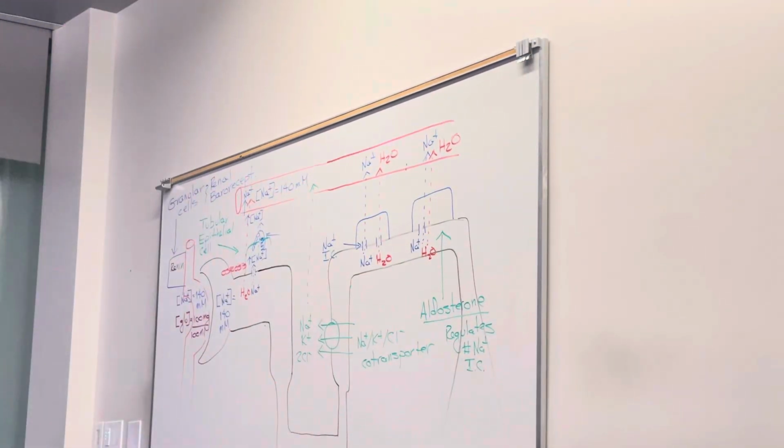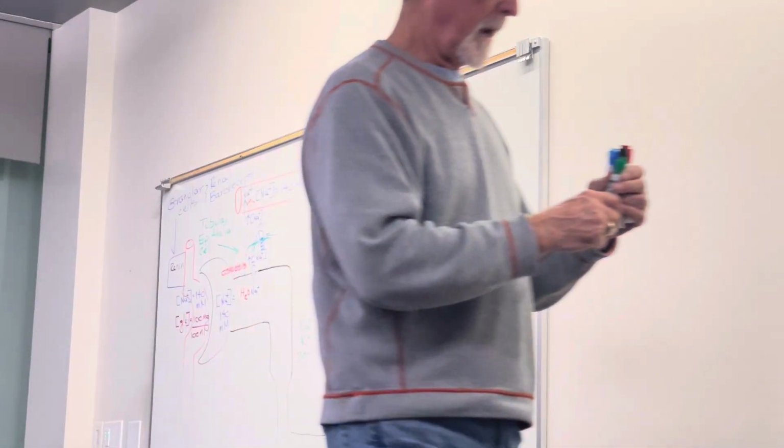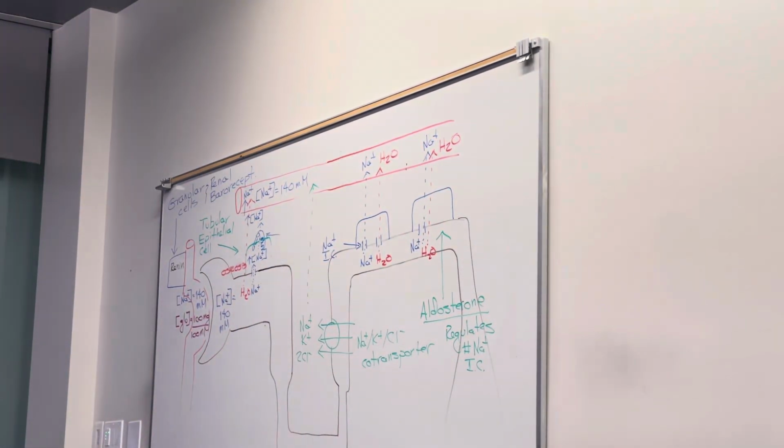So the more renin, the more angiotensin 1. Angiotensin 1 is circulating throughout the body in the blood, and it can be converted into what's called angiotensin 2.